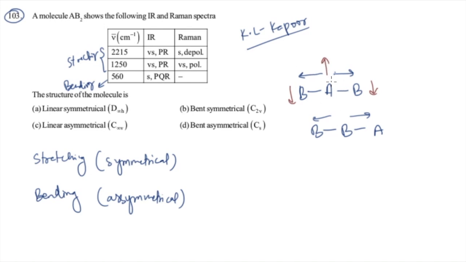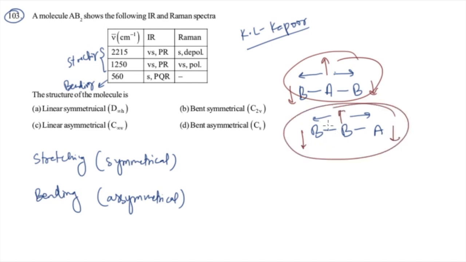For this particular case, in bending also the overall molecule remains symmetrical, whereas for this one, if you bend the molecule, it becomes asymmetrical. That means our molecule is actually linear and asymmetrical. Our molecule is linear, that is what we get from the PR bands, and it is asymmetrical, that's what we got from the bending modes.